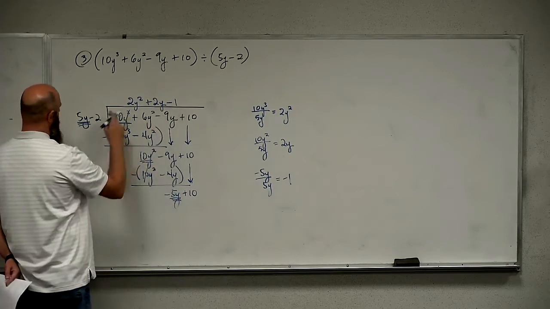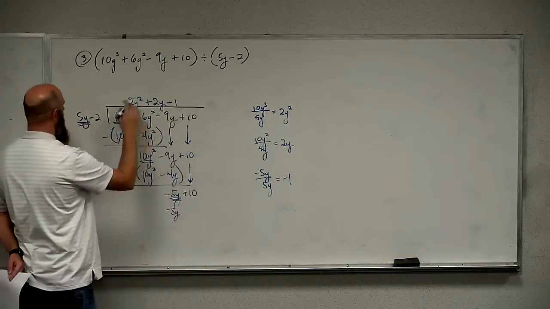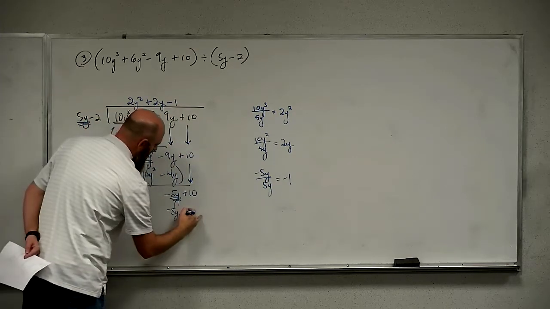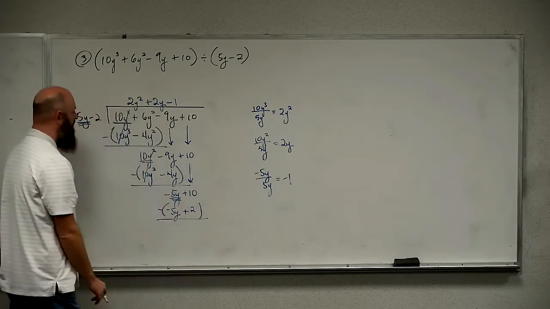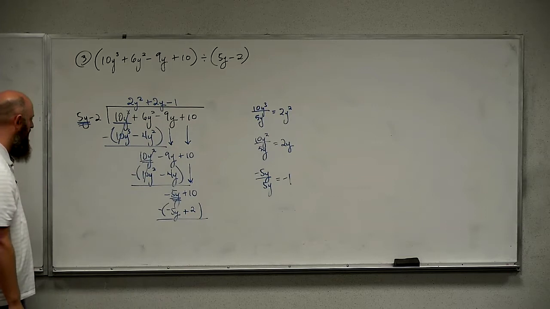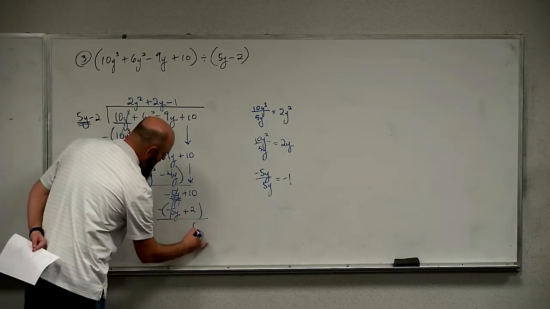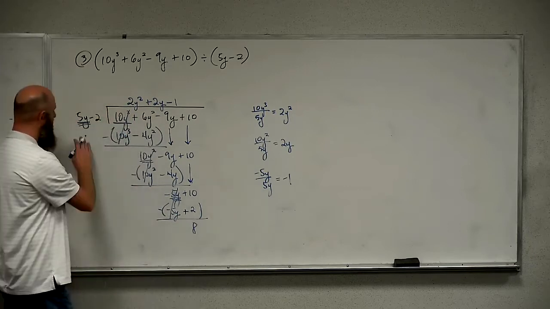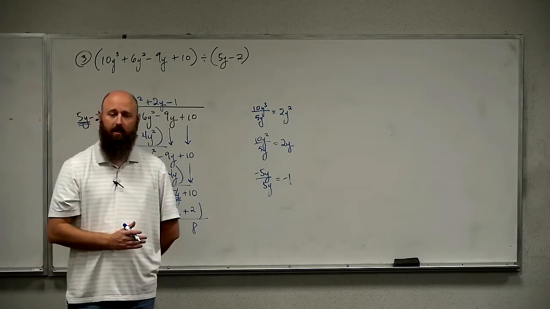All right, well, -1 times 5y is -5y. -1 times -2 is positive 2. I'm going to subtract that off. These do cancel. 10 minus 2 is 8. Now, 5y is not going to go into 8 because 8 does not have a variable on it.